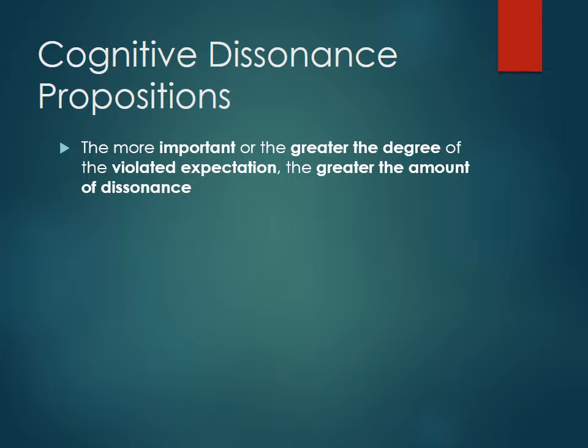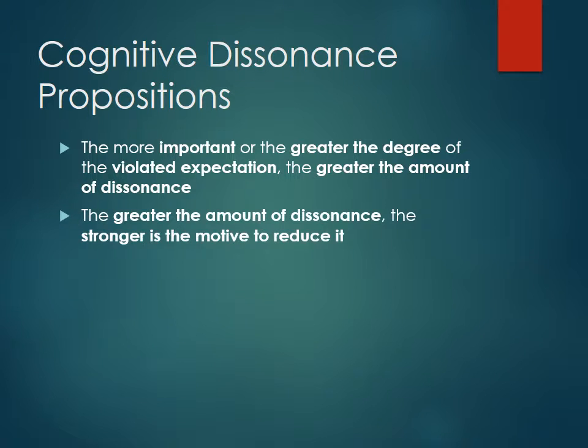Now remember what I said earlier. Dissonance is something that is inherently aversive. We can't stand it. And so the second proposition comes into play. The more dissonance that you and I feel, the stronger we feel that we need to get rid of that dissonance. We can't stand dissonance.